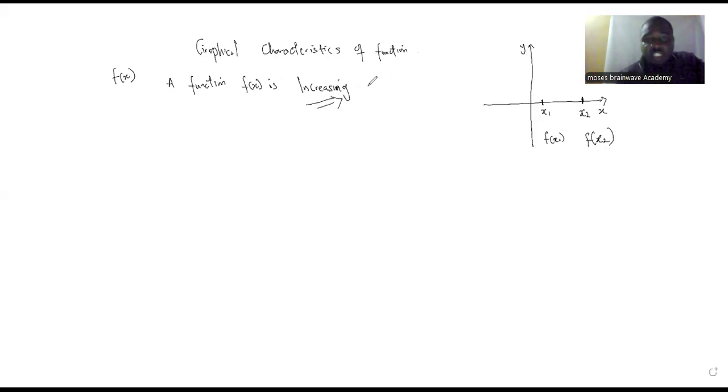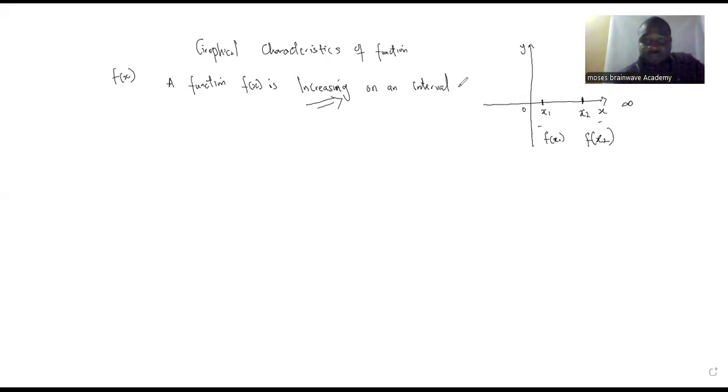It is increasing on an interval. Now, which interval are we talking about? Any interval you consider. If you're taking maybe from 0 to positive infinity, or some positive values, maybe 1 to 100 or something, a function is increasing on that particular interval you're considering, right?